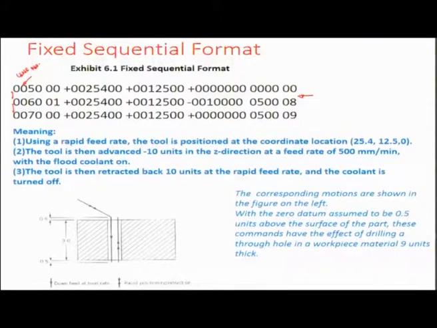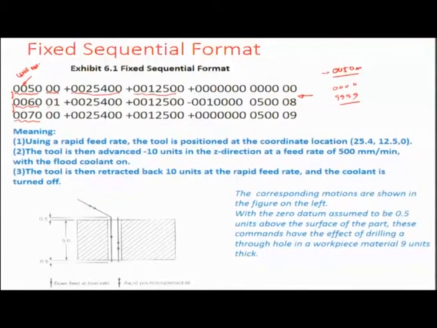The other issue is the capability of the controller. Every controller has a certain capability aspect, and that is in terms of numbers. If I look at the number 0050, what it basically means is that the controller has in this particular column the option of going from 0000 to 9999, exactly 10,000 different lines. So these numbers and the way they have been laid out signify an aspect of capability.